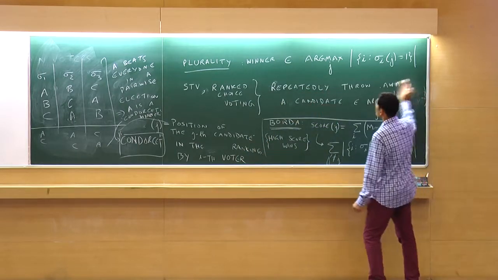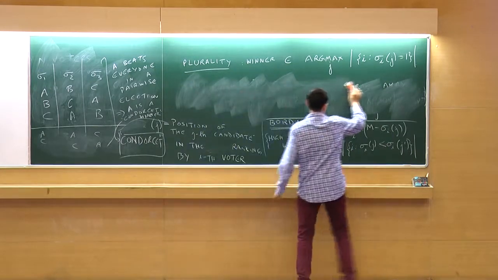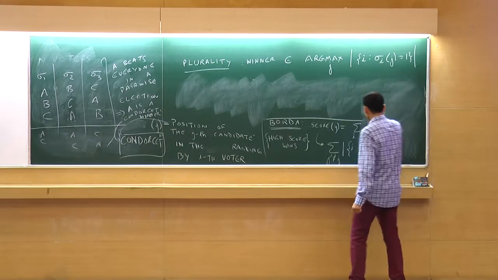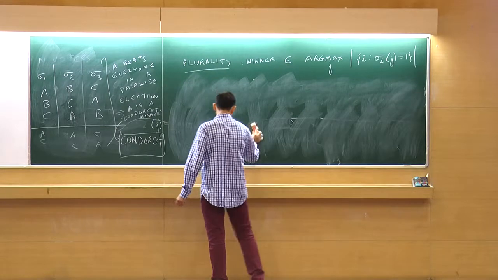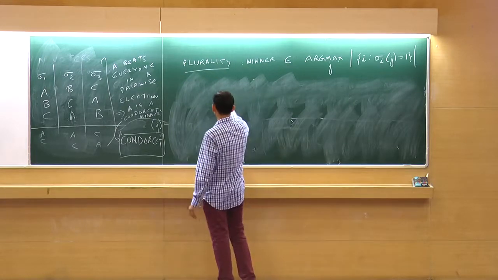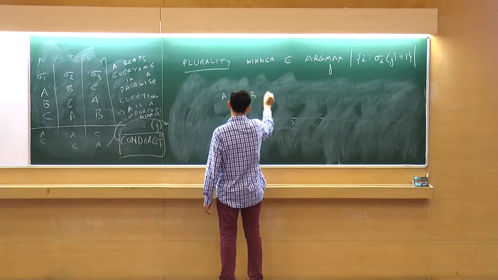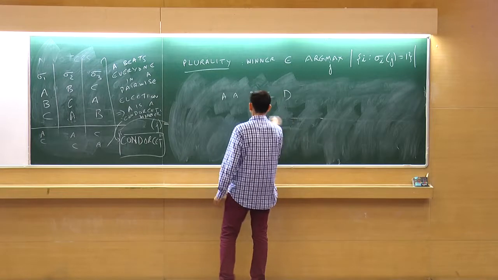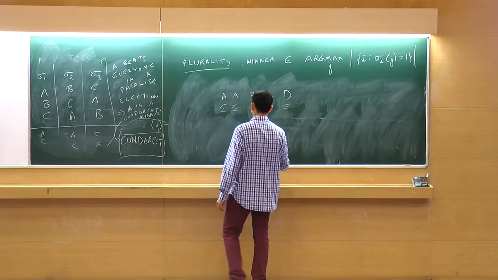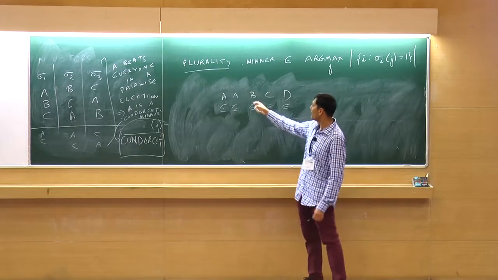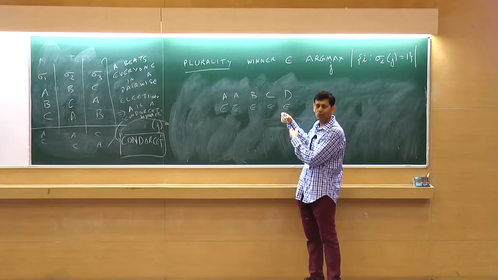Okay. So let's see an example of why plurality does not find the Condorcet winner. Let's look at the case where the rankings are A, B, C, D. I think this example came from somewhere about gold and silvers.